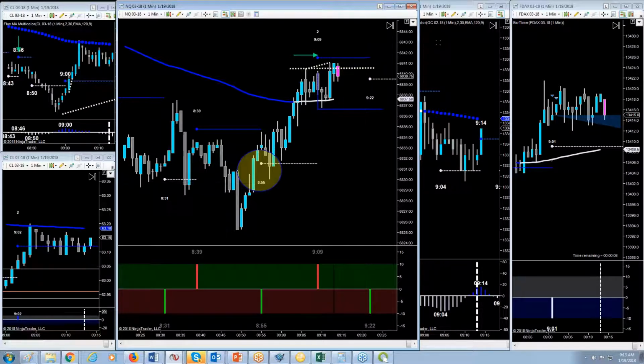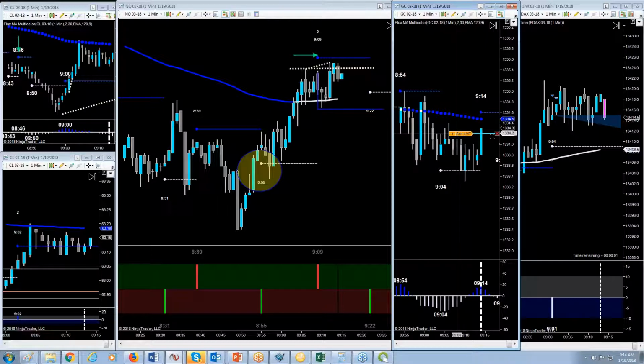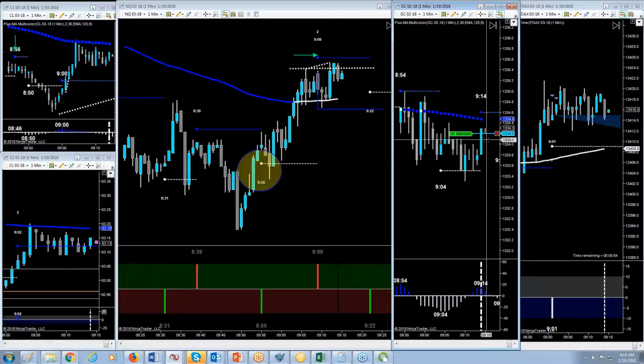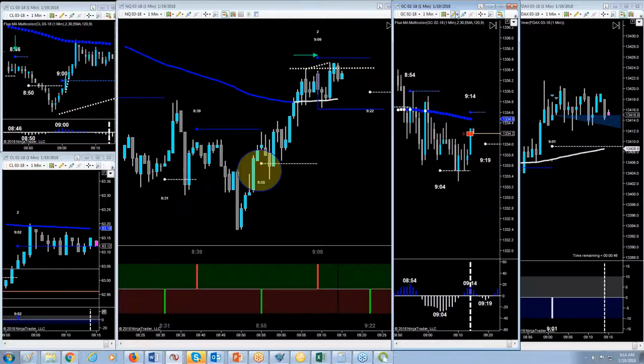The 9:14 signal on gold is going to be a trend entry. As soon as that candle closes here in 1 second, try to get our fill in. There we go. So 9:14 is a signal in the direction of the trend. We have no idea if it's going to work or not.